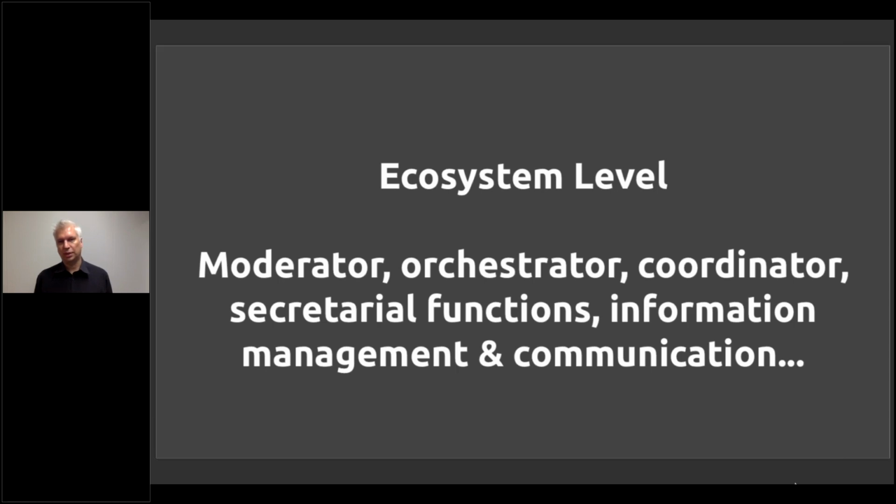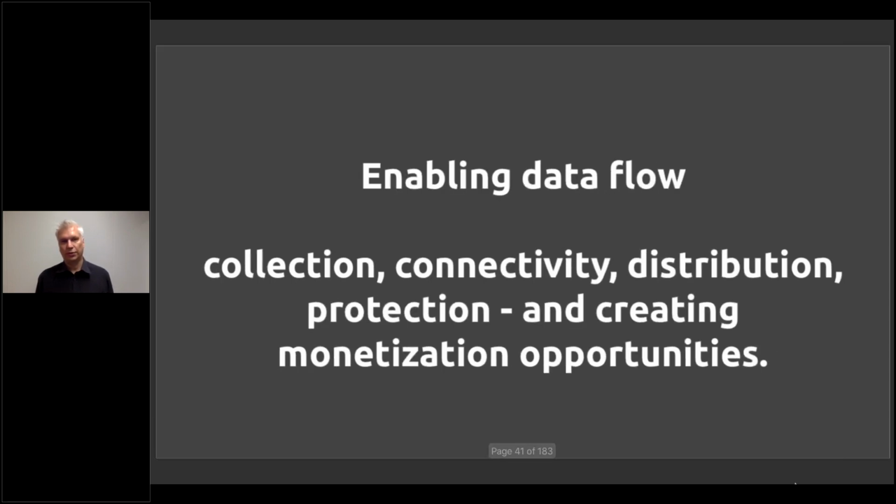That is a neutral actor in a key position to enable data flow, collection, connectivity, distribution, protection, and create monetization opportunities. So data is really the key essence of reducing that fragmentation and being data driven in the development activities and so forth.